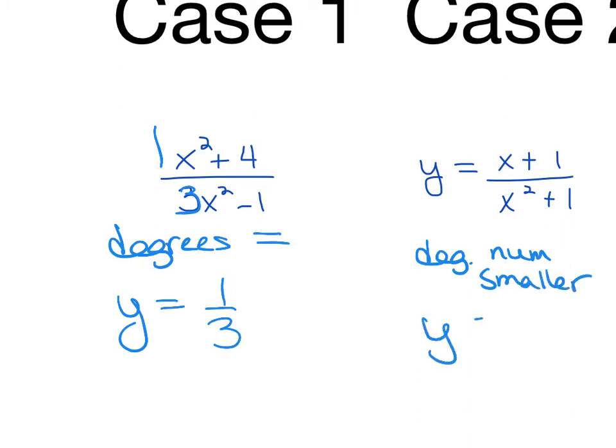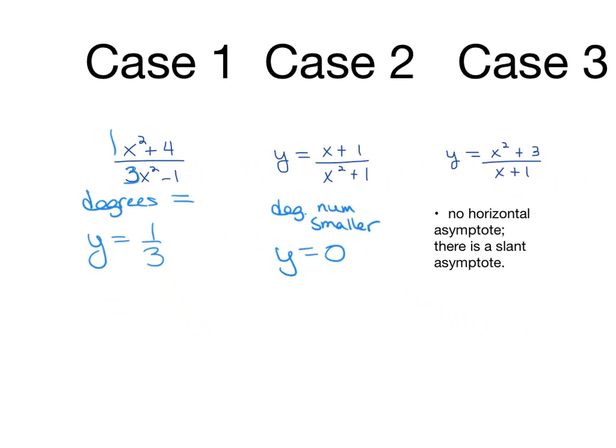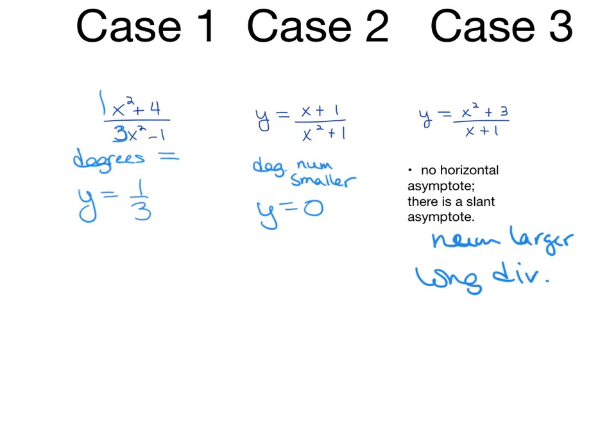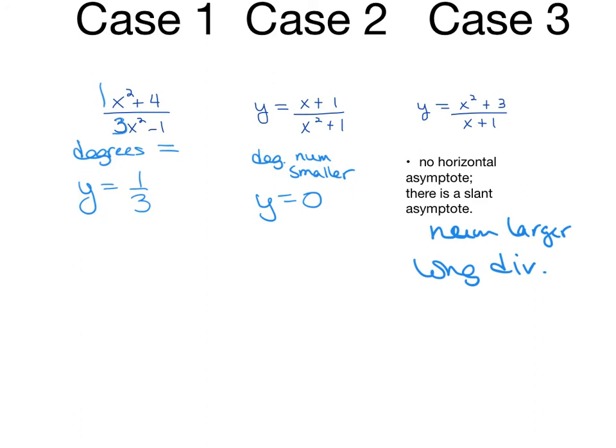So then this is automatically y equals 0. It's the x-axis. And then when the numerator is the larger degree, this is where I do the long division. It doesn't have a horizontal.